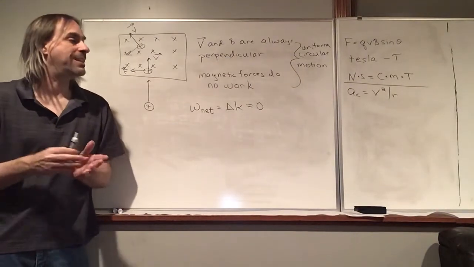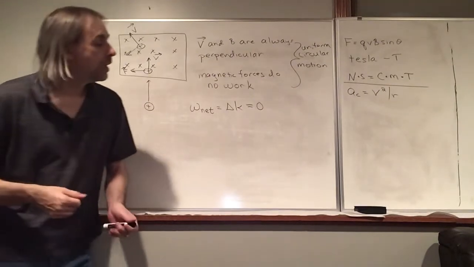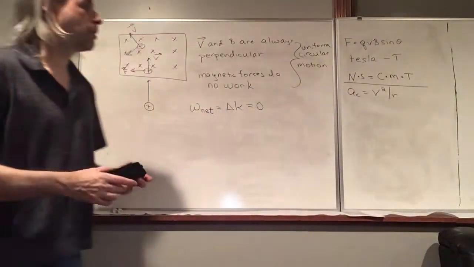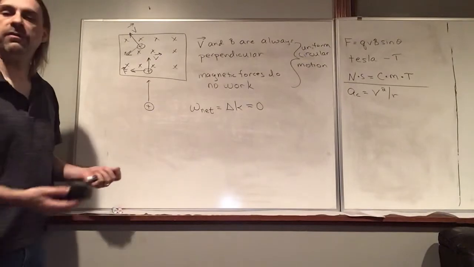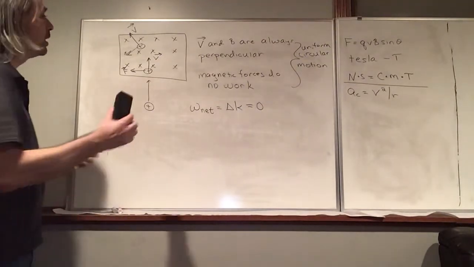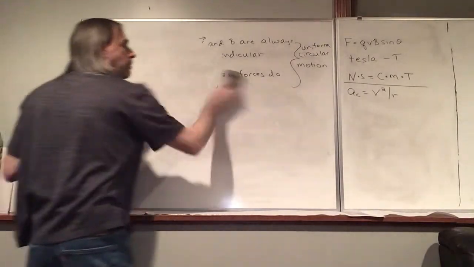And the direction is inwards towards the center of the circle. Okay, so this is a very common occurrence with charged particles moving in magnetic fields. We get this uniform circular motion.